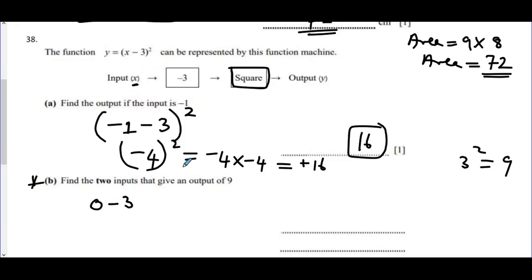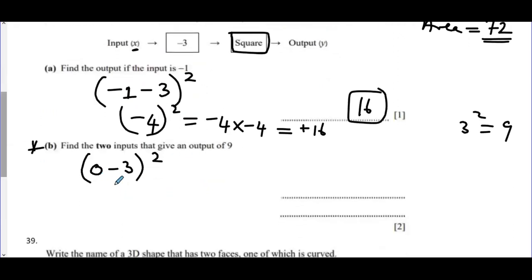Then later square this. Let's compute if this is going to give us 9. 0 minus 3. This 0 is nothing, so we're going to cross it out. You're going to end up getting -3 squared. What is -3 squared? It gives you -3 times -3, and negative times negative is positive. 3 times 3 is 9. So the first input will be 0.